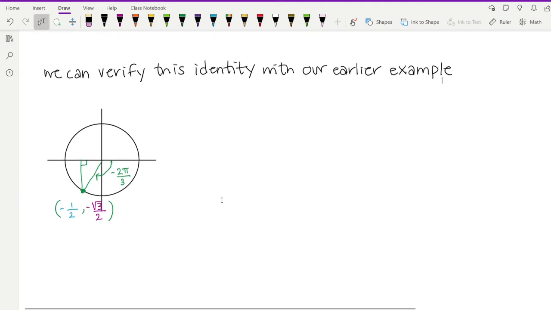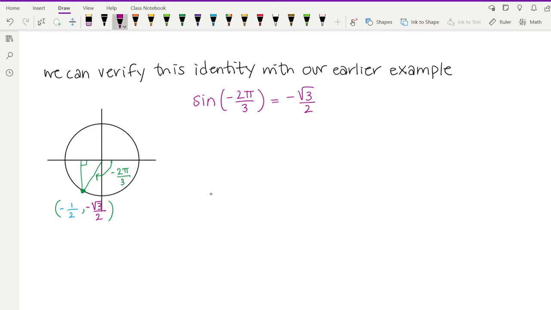We saw in our previous example that if theta is equal to negative 2 pi over 3, sine of negative 2 pi over 3 came out to be negative square root of 3 over 2. And cosine of negative 2 pi over 3 came out to be negative 1/2.